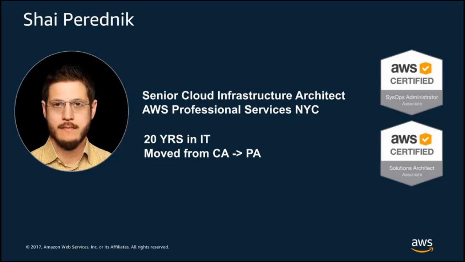So my name is Shai Perednik. I'm a senior cloud infrastructure architect with the AWS Professional Services team out of New York. I spent the last 20 years in IT, and I recently moved from California to PA. I started my career in California working with small organizations and startups. I moved to Pennsylvania because I got an opportunity to work with one of the big 4 audit firms, as well as an organization in oil and gas, and even some public sector organizations.